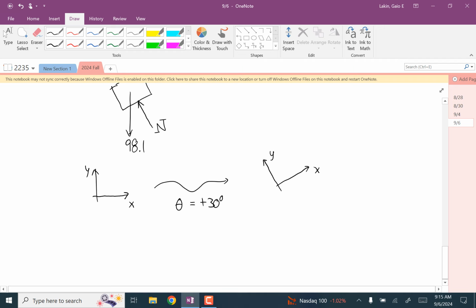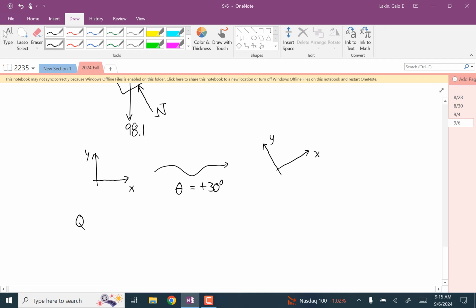Okay. And so the rotation matrix, the underscored symbol is just the matrix symbol to tell you that's a matrix variable. So this is equal to cosine of 30, sine of 30, negative sine of 30, cosine of 30.